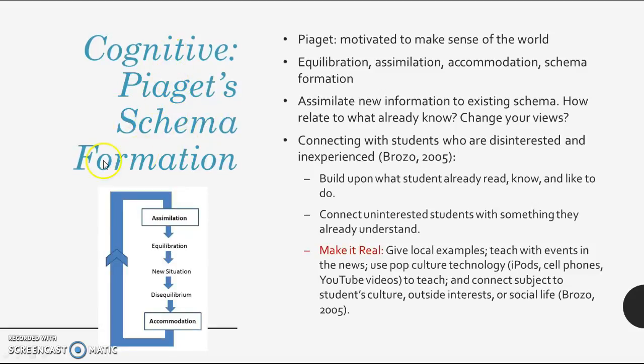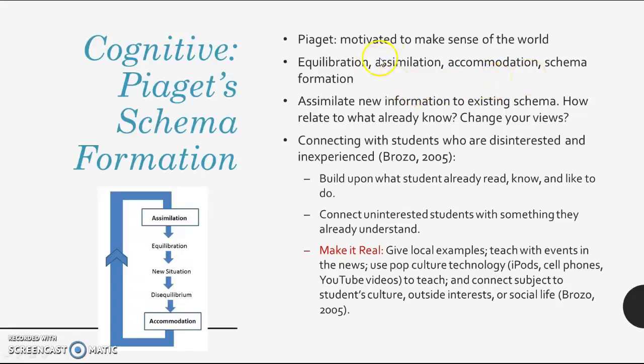So Piaget's schema formation: Piaget's theory of cognitive development says that people are motivated to engage in behaviors because they want to make sense of the world. People want to feel this sense of equilibrium, this balance in understanding the world. And when they are presented with a new idea or concept, they feel disequilibrium.